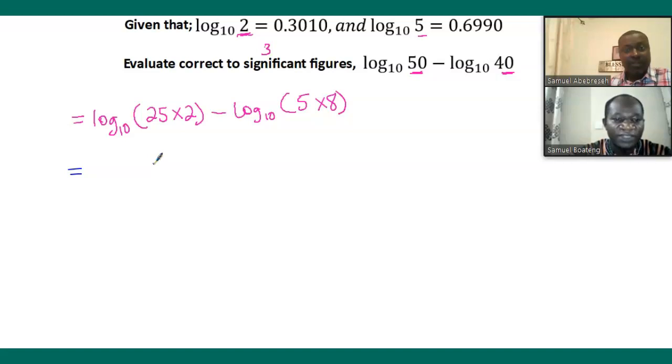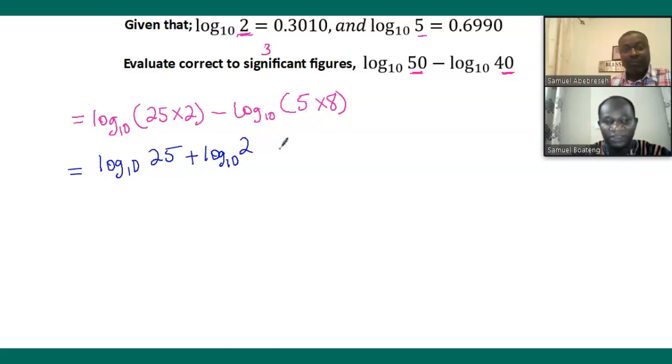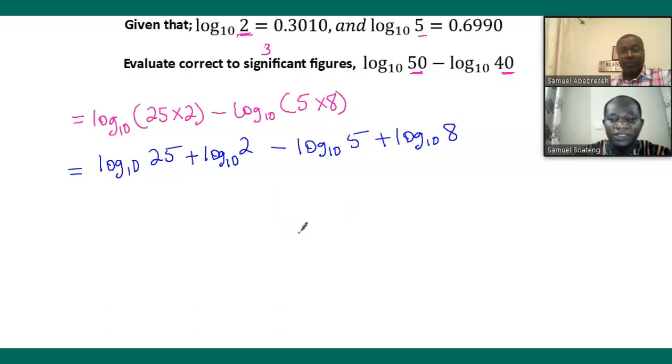So the 25 times 2, we can split it as log to the base 10, 25 plus log 2 to the base 10, minus log 5 to the base 10 plus log 8 to the base 10. And then log 25, we still have to break it down. But log 2, we can't touch it.